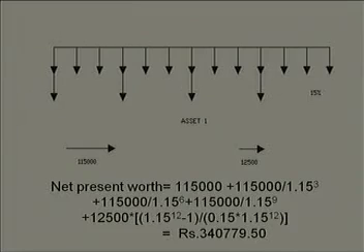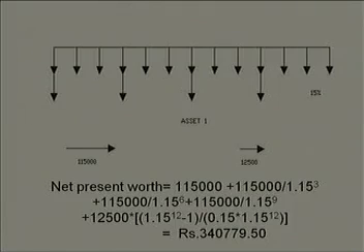Now, based on the concept of previous classes, you can calculate the present worth associated with both these options, right? Because we have already covered how to deal with a situation which involves similar or same life period.